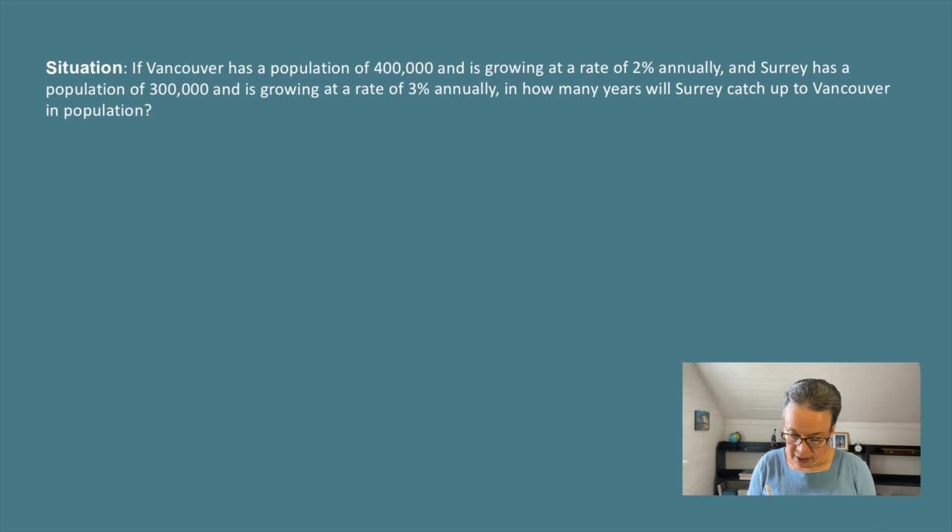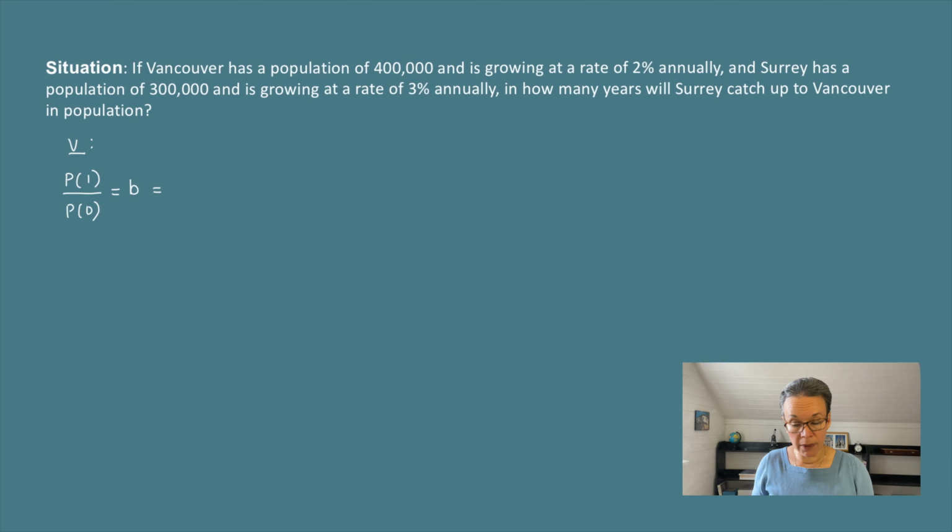They said that the population is growing at a rate of 2% every year. That means, so V for Vancouver, that means that the population in year 1 over the population in year 0, or the population the following year, let's say, is going to be equal to the common ratio.